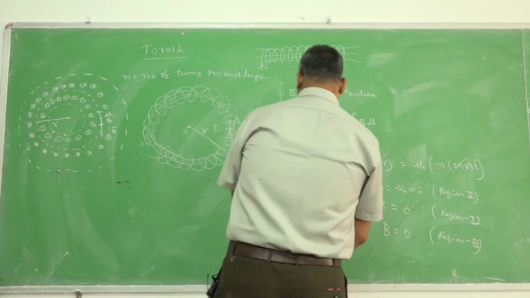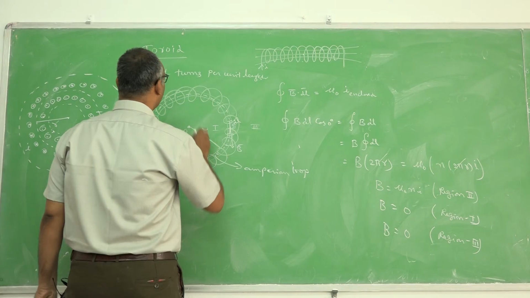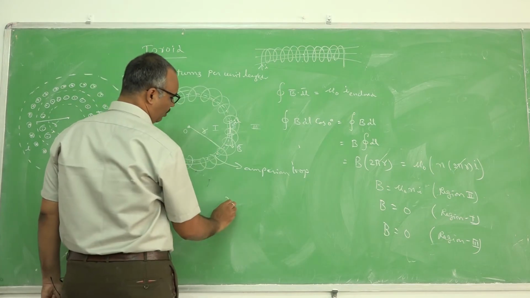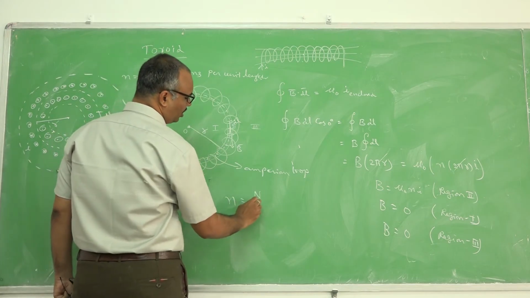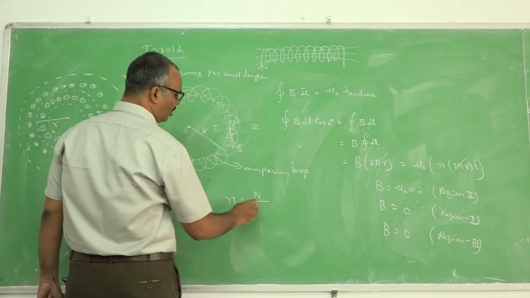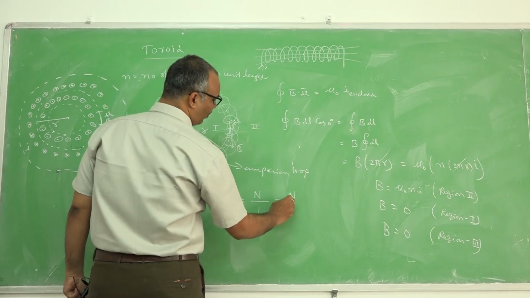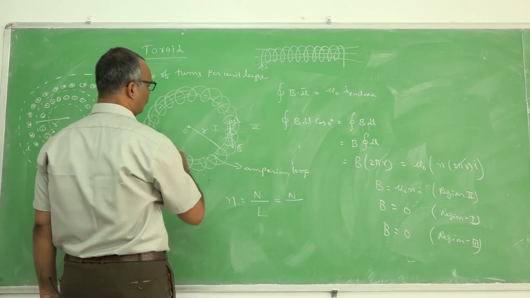The same formula we can also write like this. Here N is the number of turns per unit length. Suppose capital N is the total number of turns. What is the total length of the toroid? Let it be L. So total number of turns by the total length, 2 pi r.